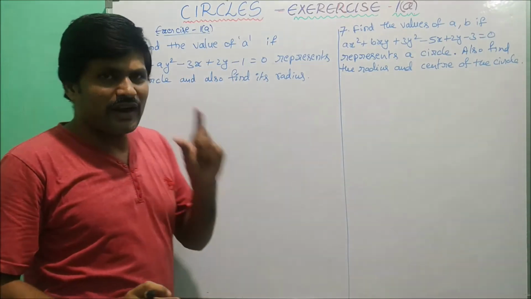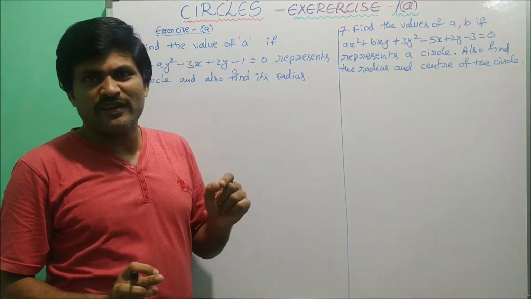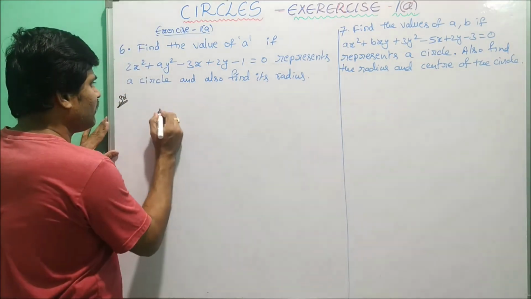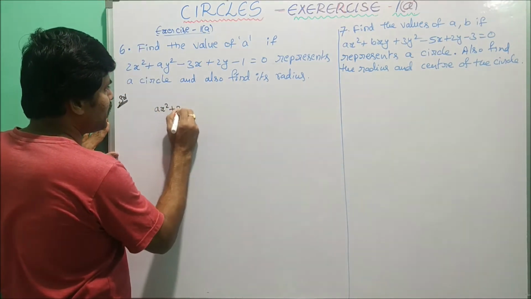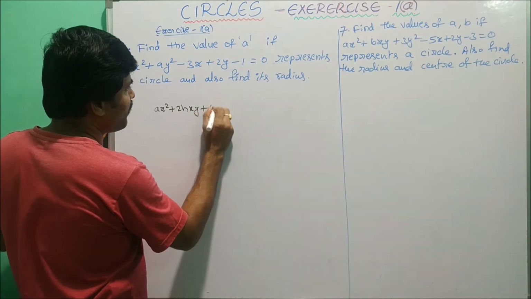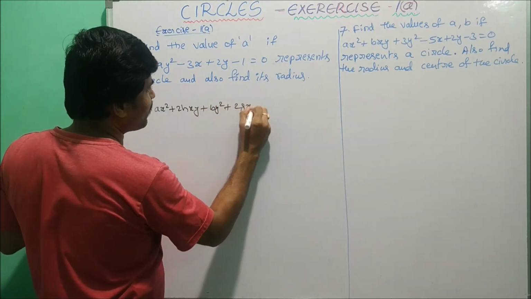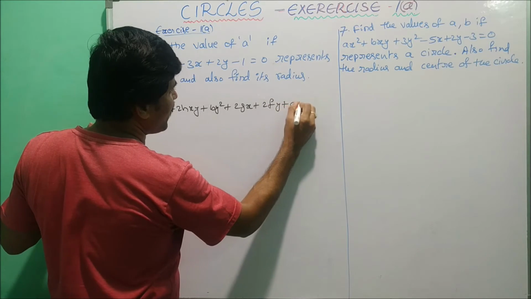Here we know one condition, that is the general form of an equation. Let us take the equation ax² + 2hxy + by² + 2gx + 2fy + c = 0.